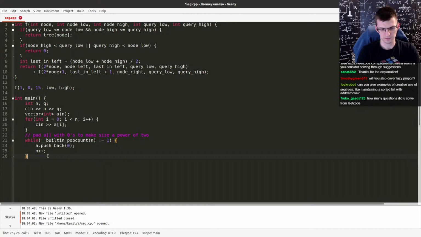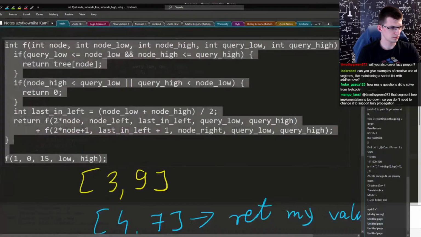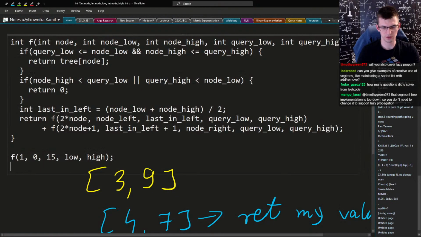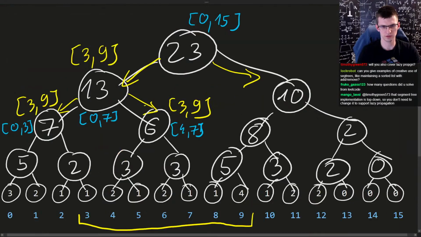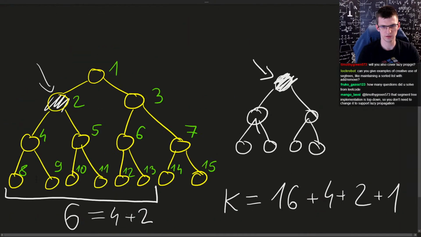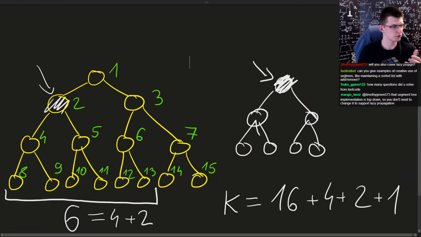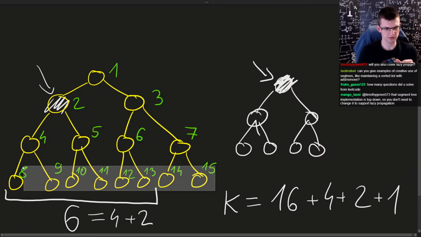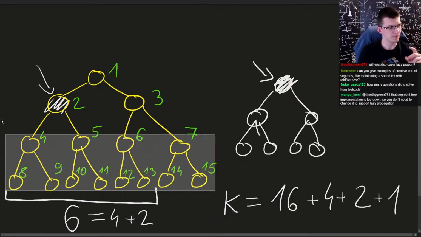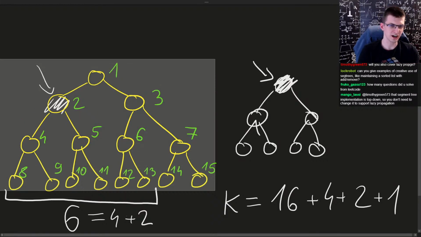What then? I need a tree. And we saw it here. If I have a sequence of size 8, then in green here we have indices from 1 to 15. That was the case if the sequence was of size 8. So for size 8 we need an array of size 16.